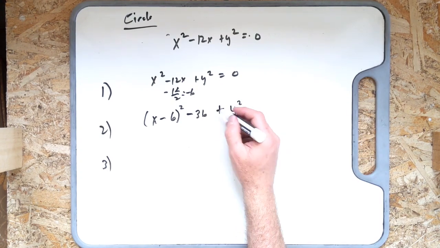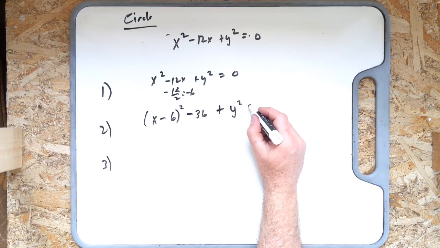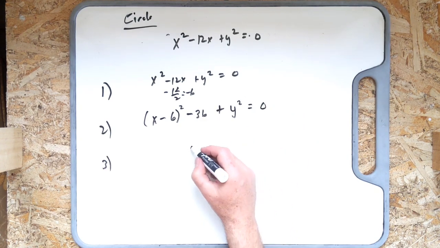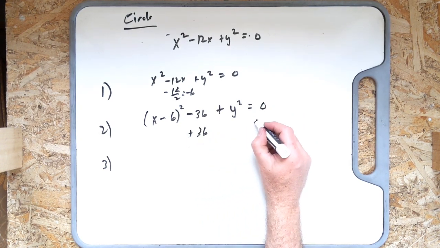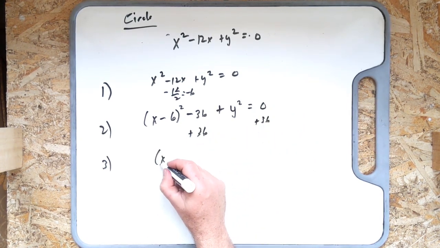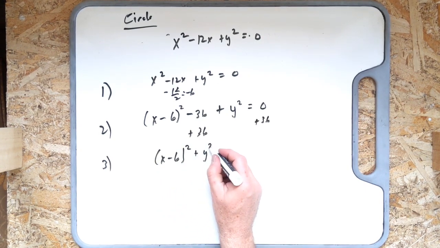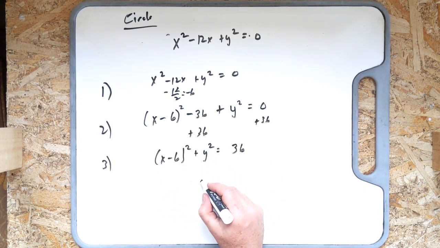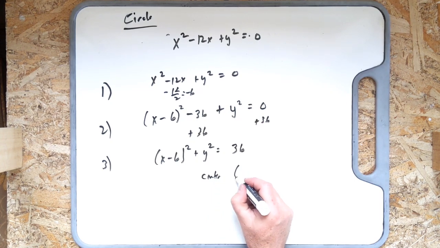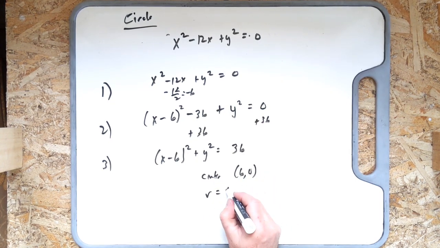And plus y squared, there's nothing to complete there. It's already a completed square, equals 0. Last step, add the 36. And we are done. So my center is 6, 0, and my radius is 6. Okay, that's it.